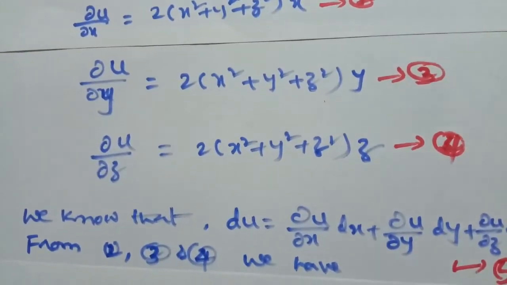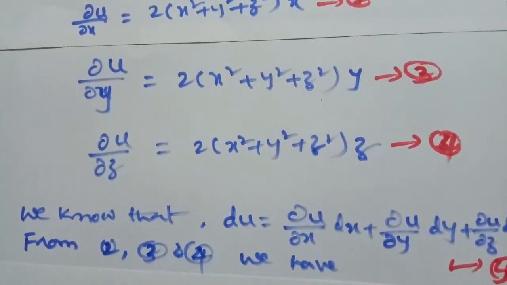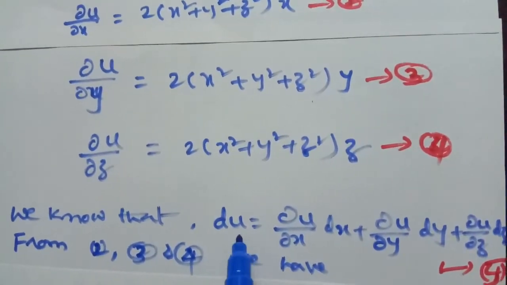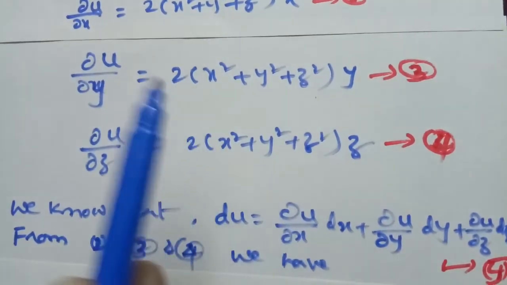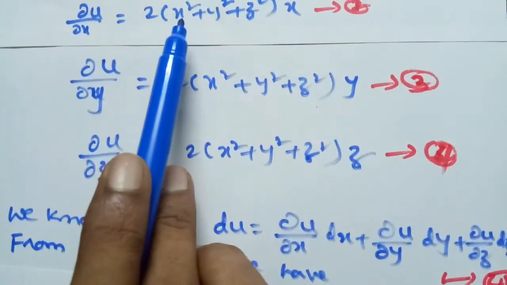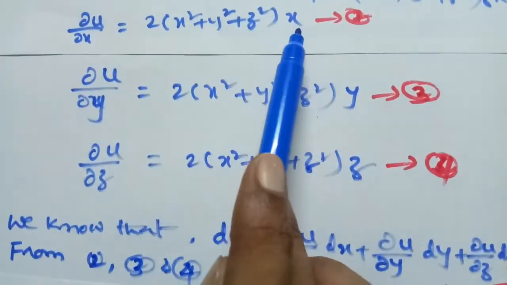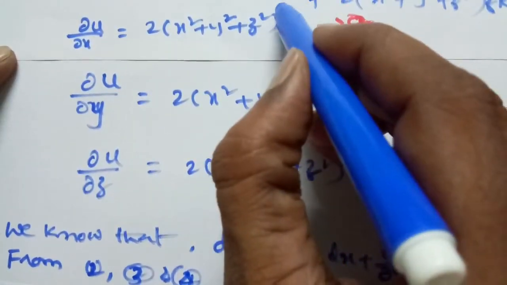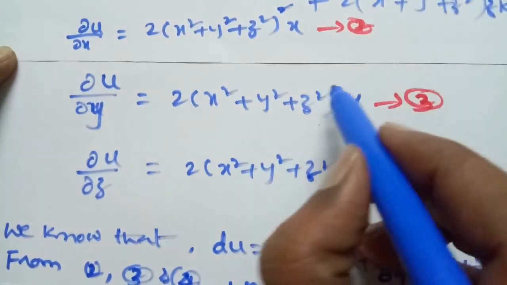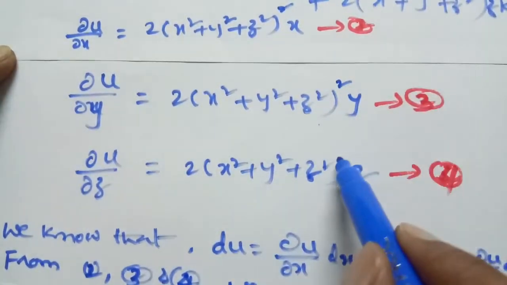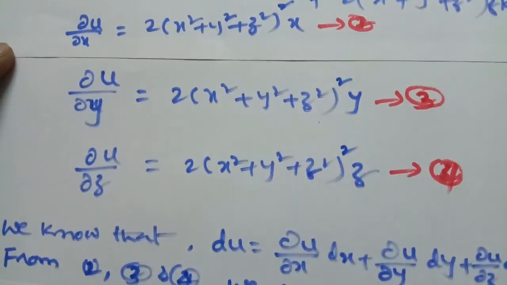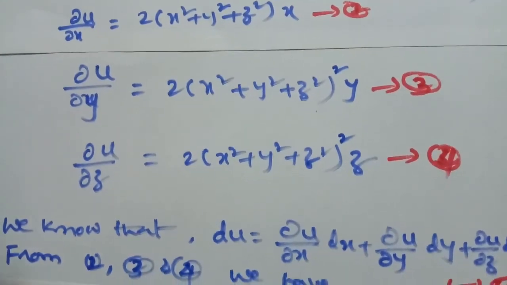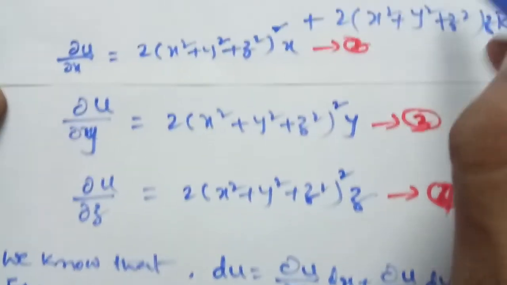Now from 2, 3, 4 we have, substituting, du is equal to 2 into x square plus y square plus z square whole square into x, whole square into y, whole square into z.